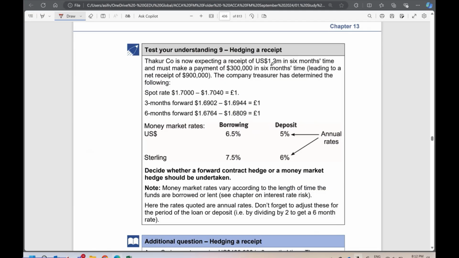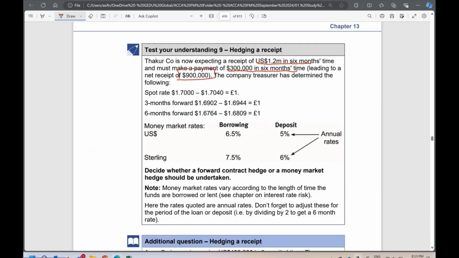Now we're expecting a receipt of 1.2 million in 6 months' time and also have a payment of 300,000 in 6 months' time. When he gives you both a receipt and a payment, you have to match them, even if he doesn't mention it. Logically, we know we need to match. We will receive 1.2 million and we have to pay 300,000, so effectively we have a net receipt of 900,000.